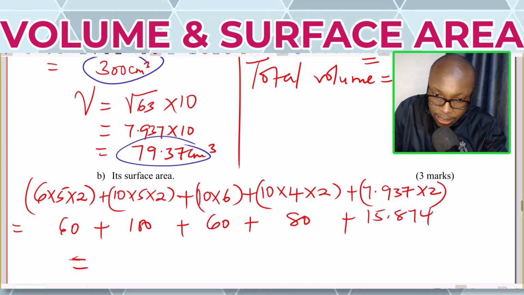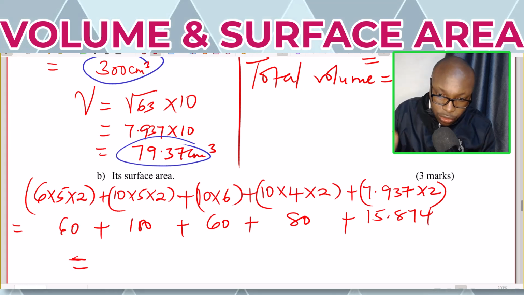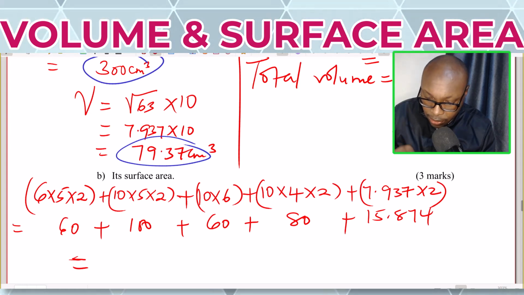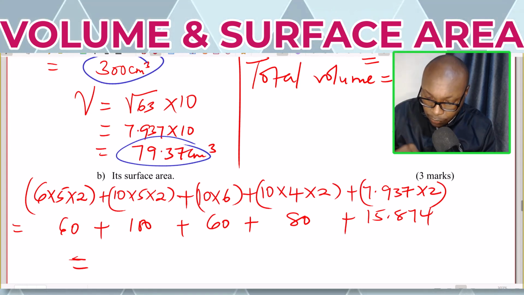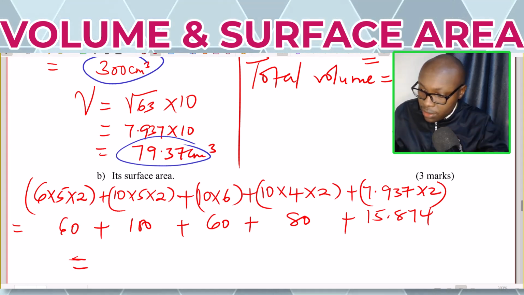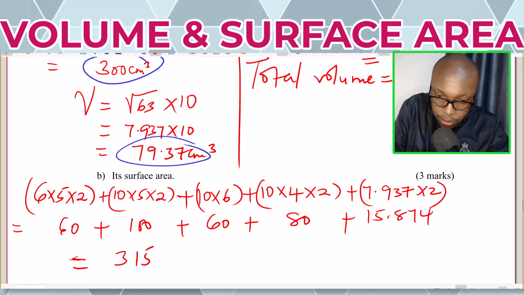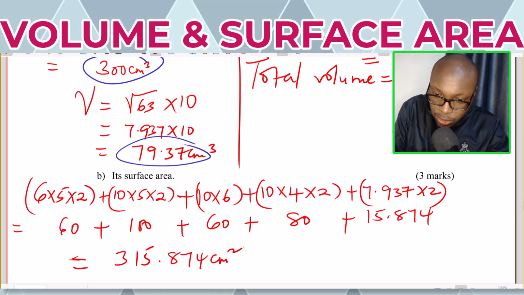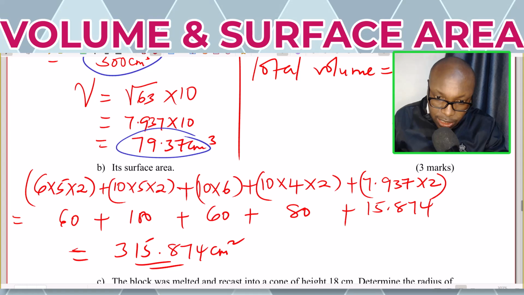Now we can get the total: 60 plus 100 plus 60 plus 80 plus 15.874. So this gives 315.874 centimeters squared. So that is the surface area.